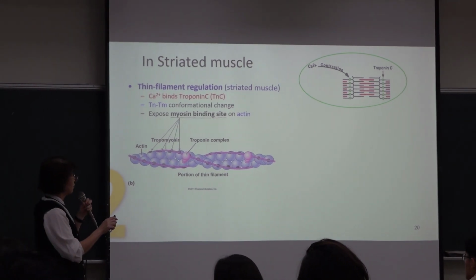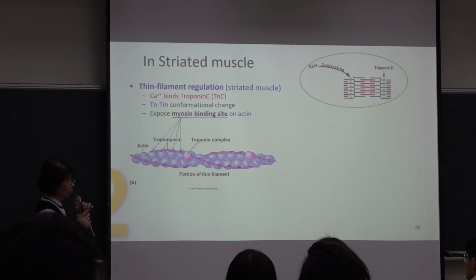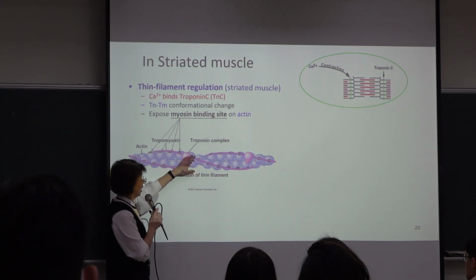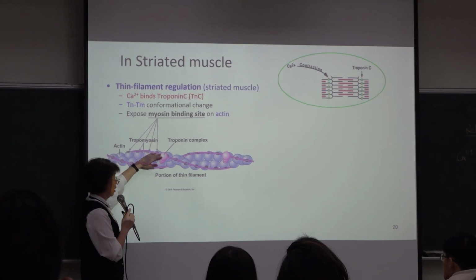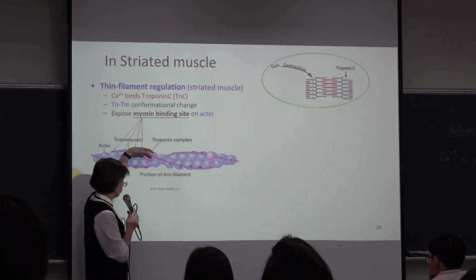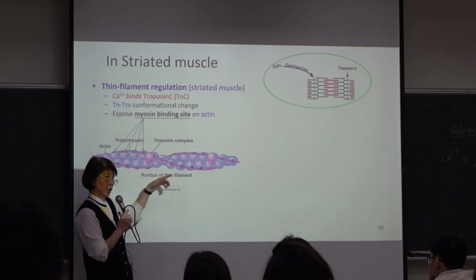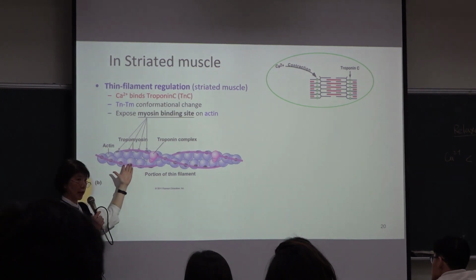All right, so when calcium binds to troponin C, it induces a conformational change of tropomyosin and troponin together, allowing tropomyosin to move away from the myosin binding site to expose it.